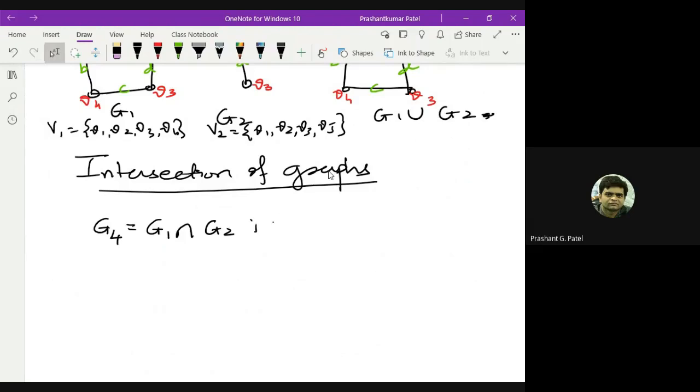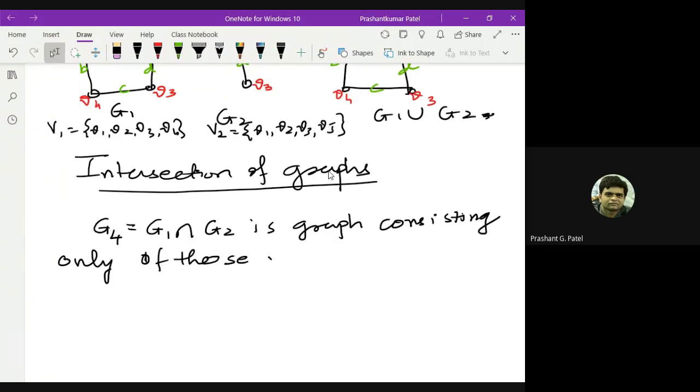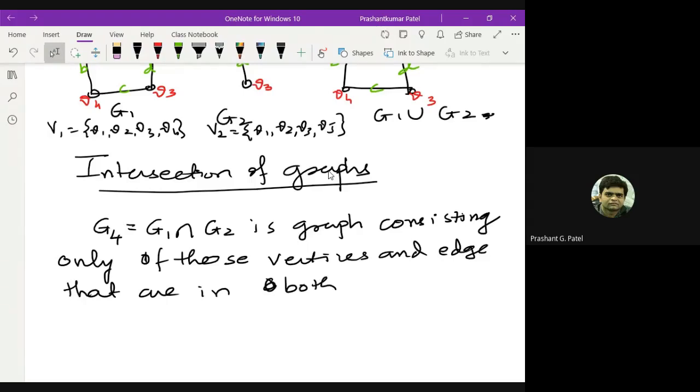So G4 is a graph consisting only of those vertices and edges that are in both G1 and G2.